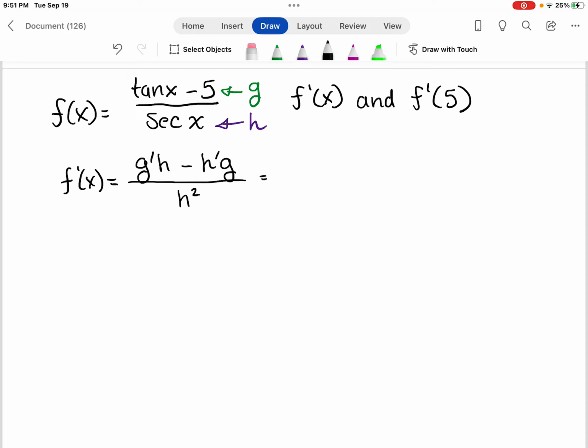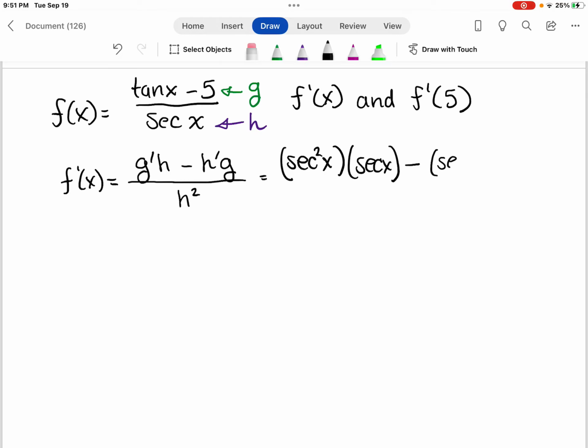Now, in this case, when I take the derivative of g, which is the numerator, we are going to get a derivative of secant squared x. Then I have to multiply that by h. H is secant x. I'm going to subtract the derivative of h.